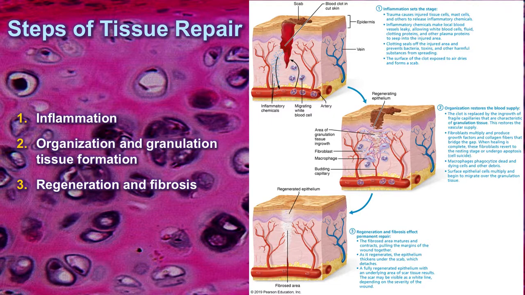Now, what we're trying to do is close up this wound and keep it safe. So, the type of fibers they're going to be producing are the strongest fibers. What's the strongest fibers? Collagen. Okay? So they're going to produce a bunch of collagen fibers, and they're going to lay it down, and it's going to pull that wound closed and close it up.